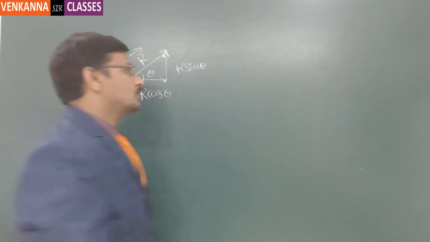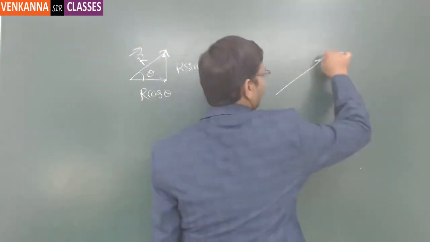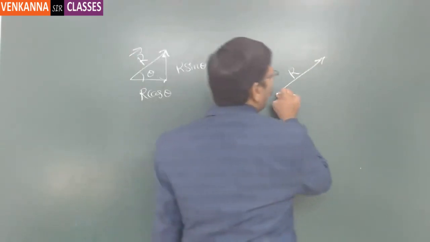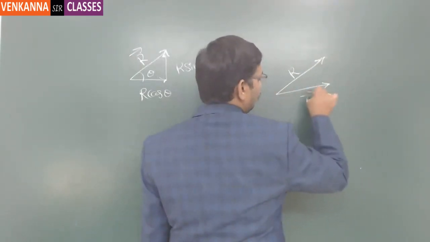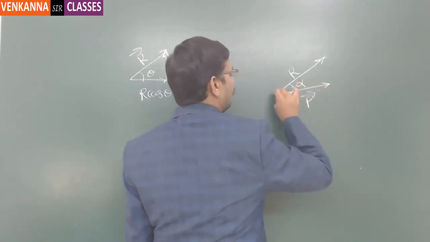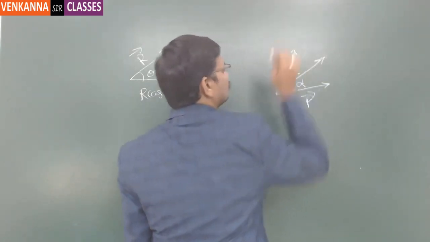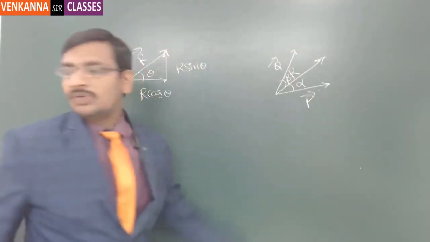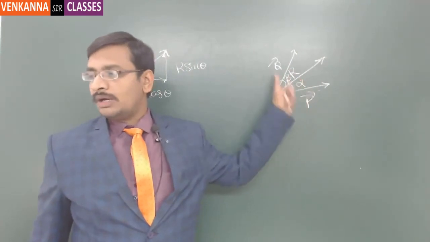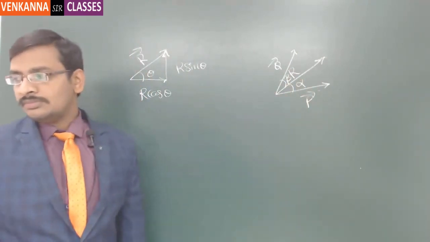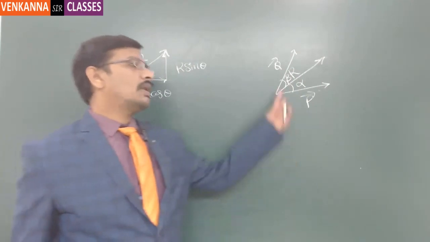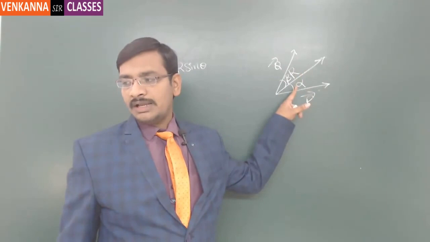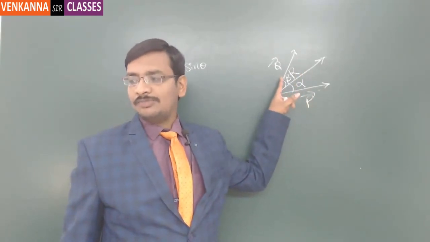Now if I ask you to divide this same vector r into two different components, one vector p with an angle of alpha and another vector q with an angle of beta, can you divide this vector r into p and q? Can you give me an idea how I can divide this vector r into components, one at an angle of alpha and another at an angle of beta?